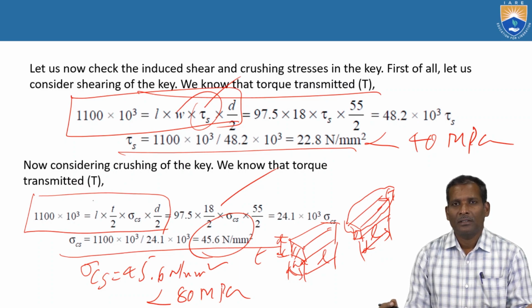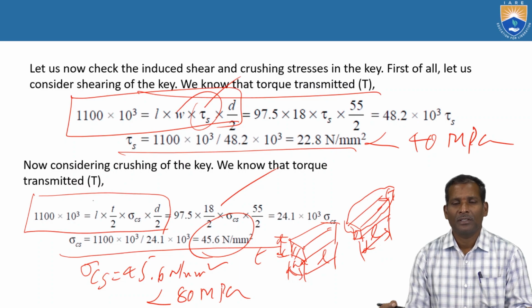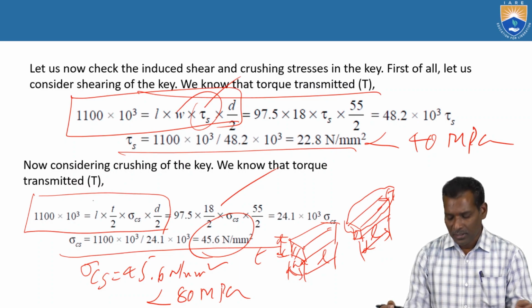So you need to check for crushing and shear stress. If this condition is not satisfied, go to the previous step and modify some dimensions until the condition is satisfied. This is the design procedure for a coupling and keys.